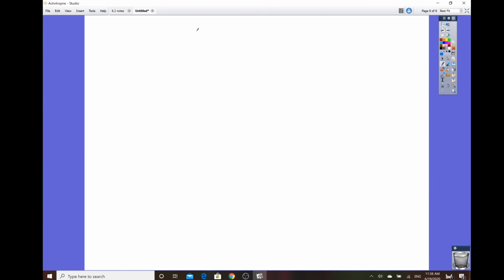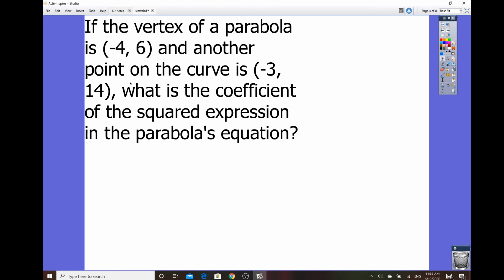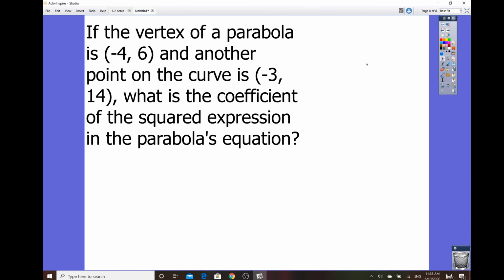Okay, so let me just create a new slide here. One thing that we notice is we do have h comma k, which is negative 4 and 6. The point on the curve is negative 3, 14. So let's say this one is x, this one's y.